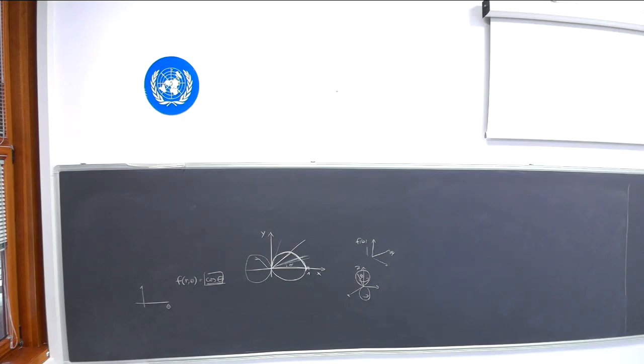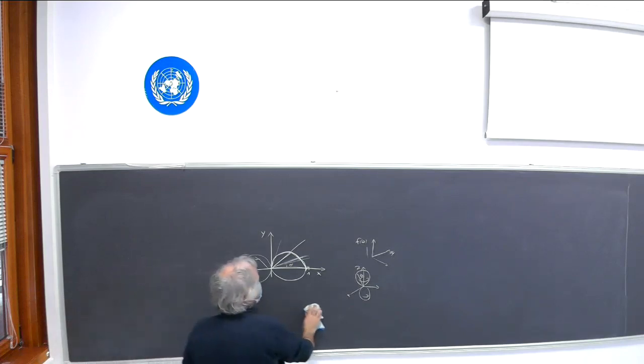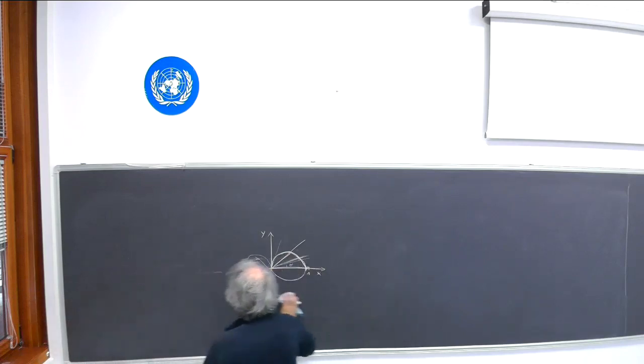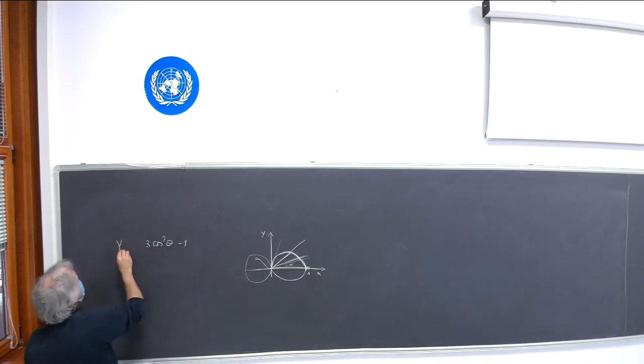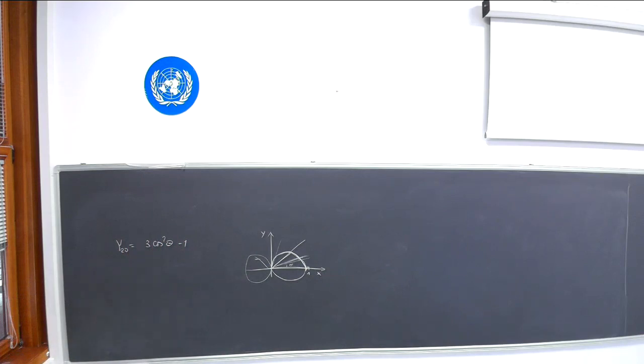Yeah. Okay. Let's look. So the idea is this is a small exercise session. So the idea is to try to plot 3 cos square theta minus 1, which is proportional to the Y20 spherical harmonic.